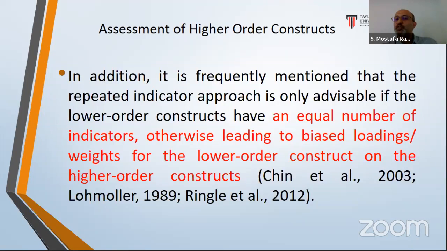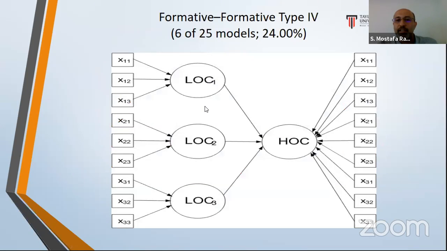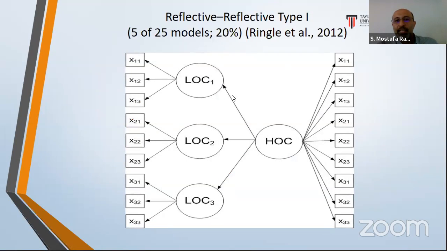But it's a bit different from the previous literature. In the first method, the repeated indicator, these are the indicators or items that will repeat at the higher order level.